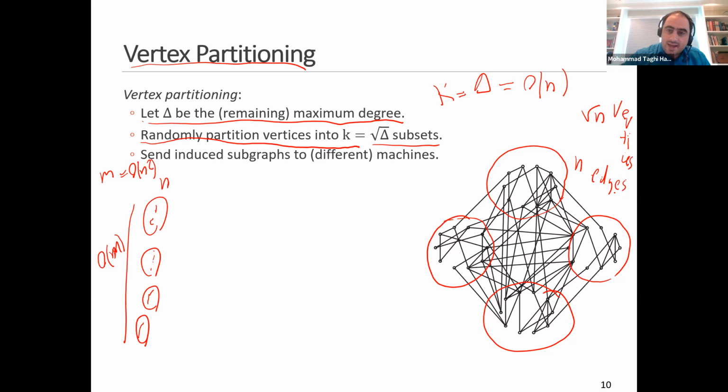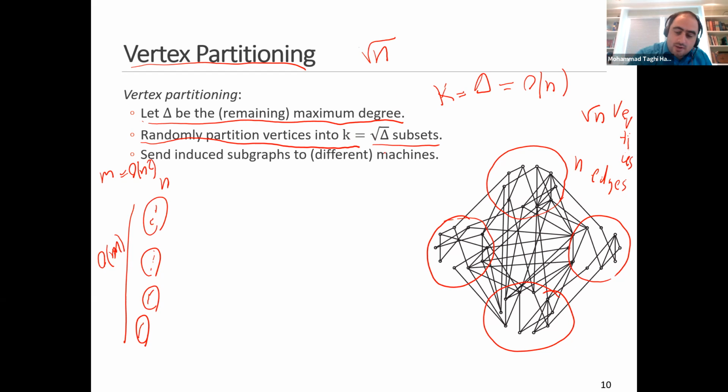And the good thing is that when we partition, how many computers do we have? We have square root of n computers, or, as I mentioned, we are assuming delta is order n, but in general square root of delta computers. Each of these has at most square root of n vertices. So the number of edges that will go there would be at most n.